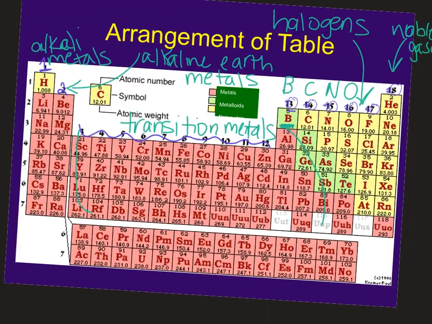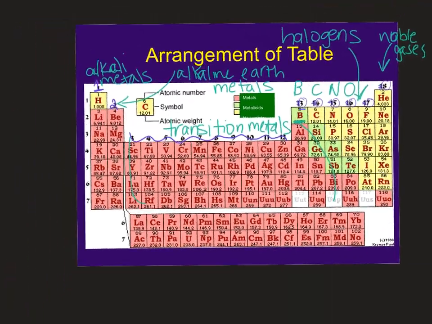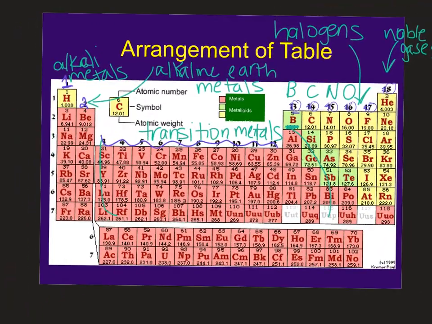So remember, periods go across, groups go down. We have different types of elements throughout the periodic table that are separated into the 3 main groups, but then they each have their own name for vertical columns. And those vertical columns guarantee that everything in that column is going to have the same number of valence electrons, okay?